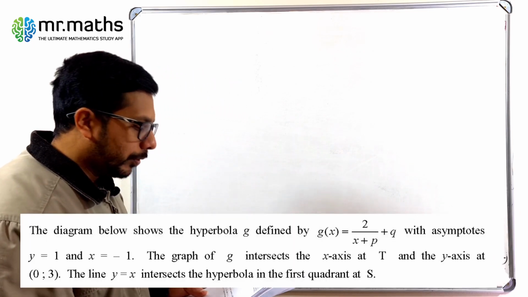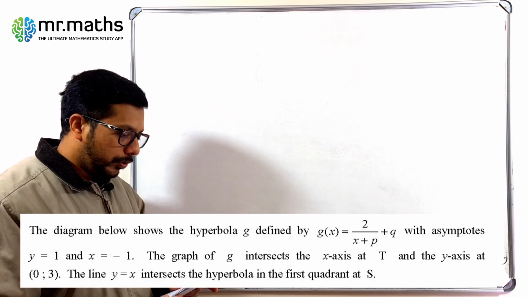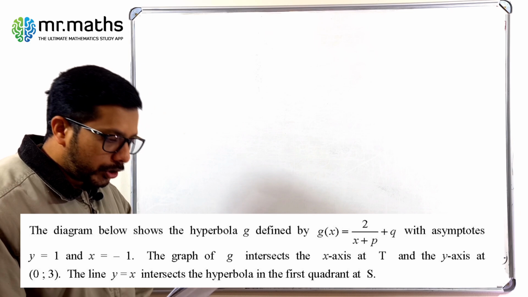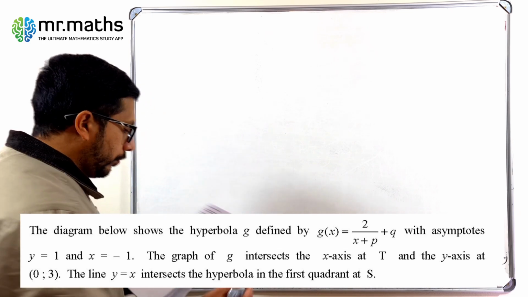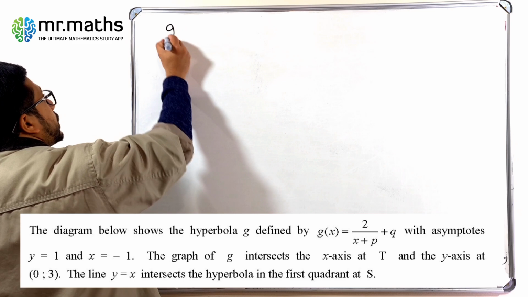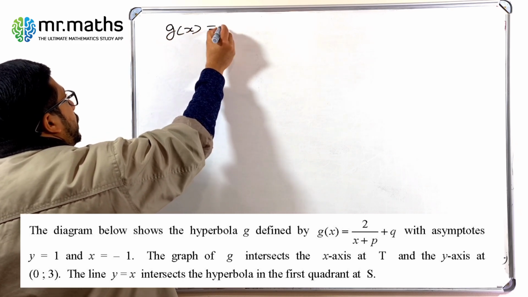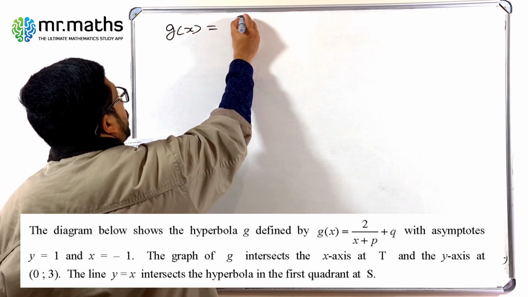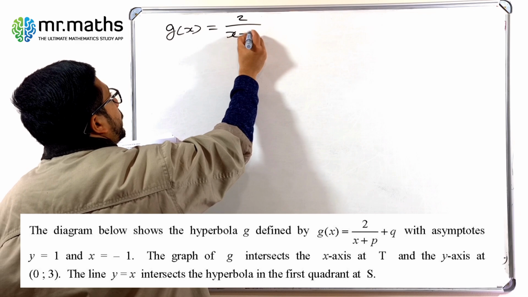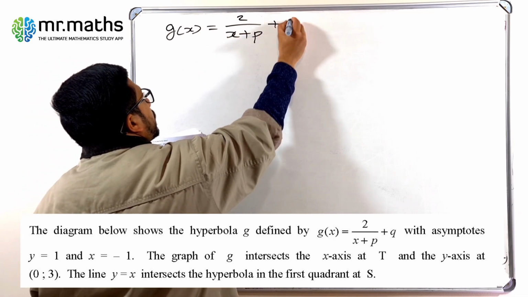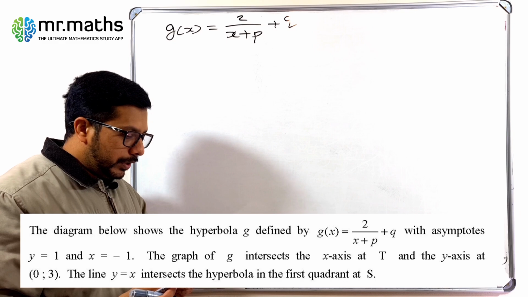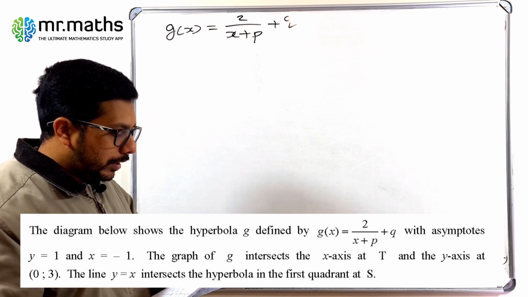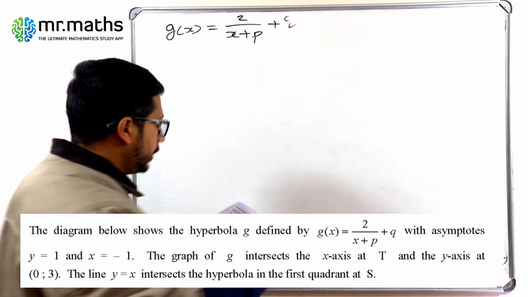Okay, let's start. November 2014 question number 4. The diagram below shows the hyperbola g defined by g of x is equal to 2 over x plus p, plus q. There is a hyperbola equation given like this, with the asymptotes y is equal to 1 and x is equal to minus 1.